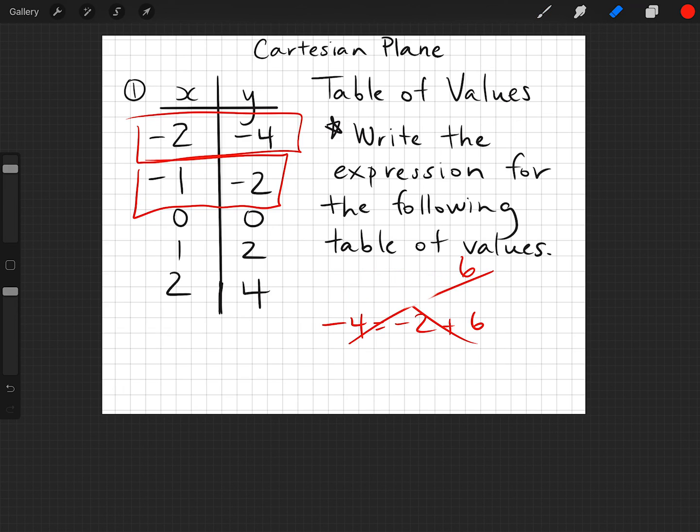So is there anything else you think might work? Nick, what are you thinking? -6 plus 2, like that? Is that what you mean? Okay, let's try it. So y equals, so let's insert x being -2 for that first pair.